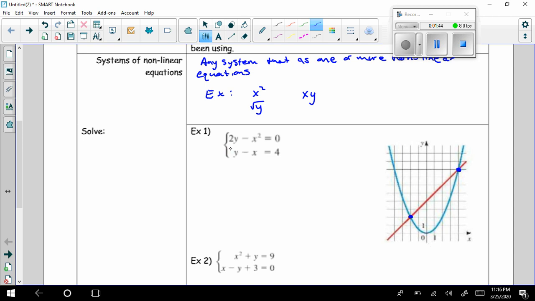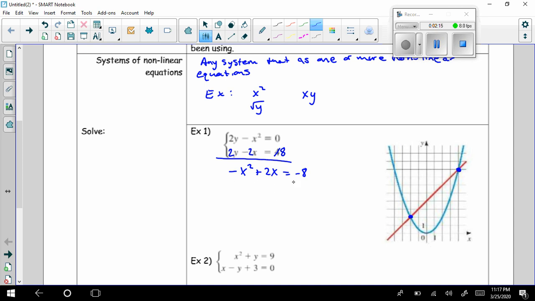For example, if we multiply the second equation by 2, and then we subtract down, then the y's would cancel. Negative x squared minus negative 2x, those are not like terms, so that would just move here, equals negative 8.